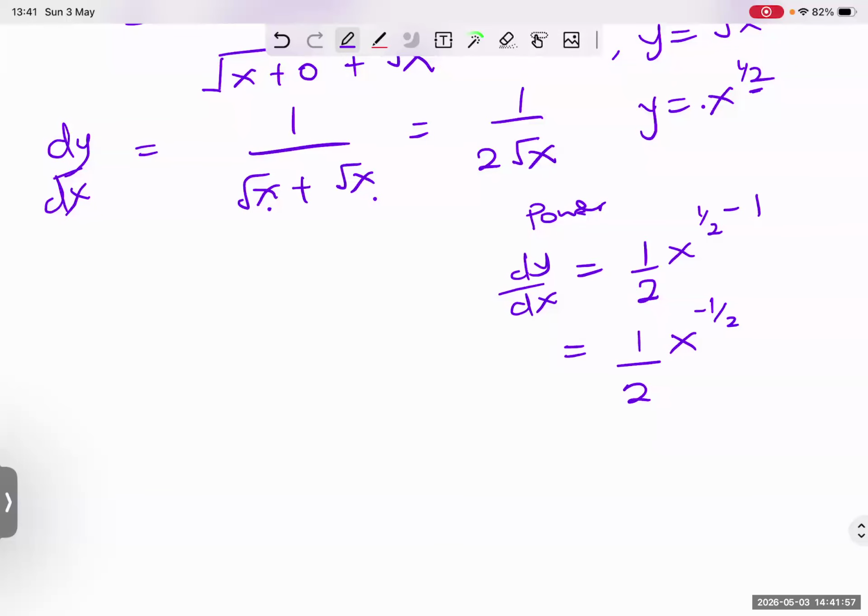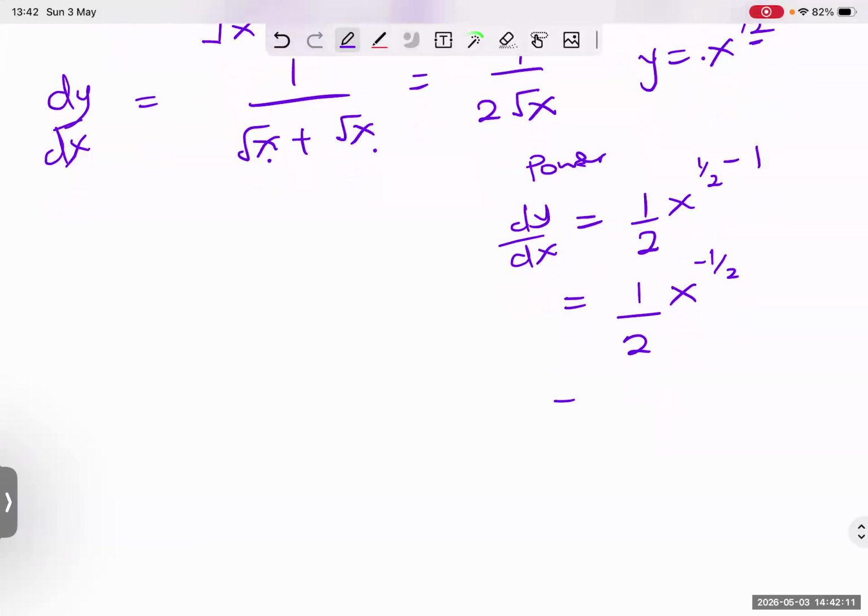In indices, if I have a number raised to the power negative and I want to get rid of the negative exponent, you find the reciprocal of the number. So if I want to get rid of the negative half, since it's at the top, all I have to do is to bring it to the denominator side. And if it were at the denominator side, all I have to do is to take it to the top.